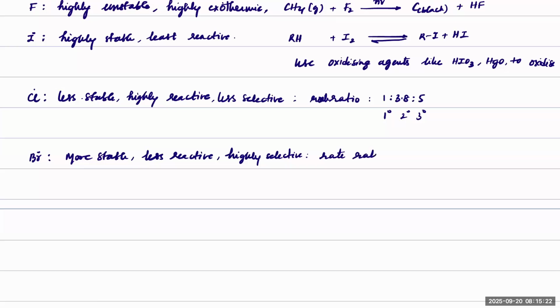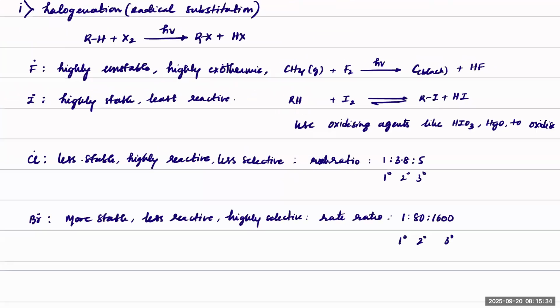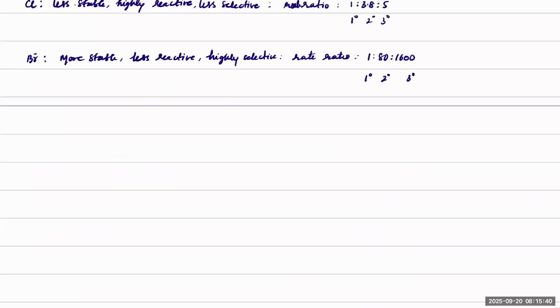So if it comes to the rate ratio, you will see it is 1 to 80 to 1600, for 1 degree, 2 degree and 3 degree. This is what happens for halogenation. As far as halogenation is concerned, this is what you need to remember.